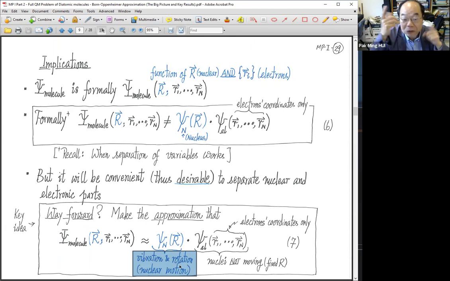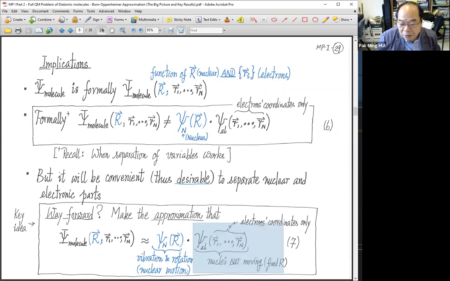There's an axis through the center of mass. And that is this part related to the nuclear coordinates, and a part that is electronic entirely. So that has to do with the n electrons.